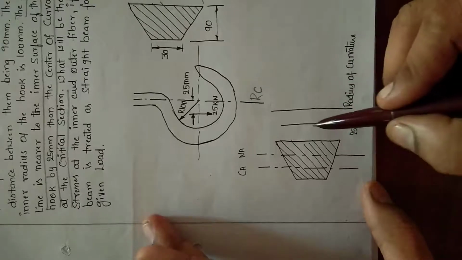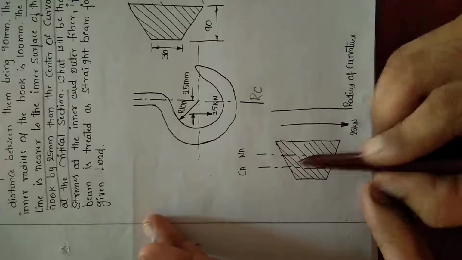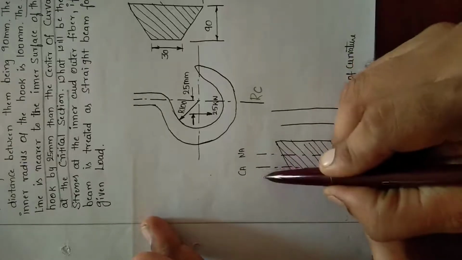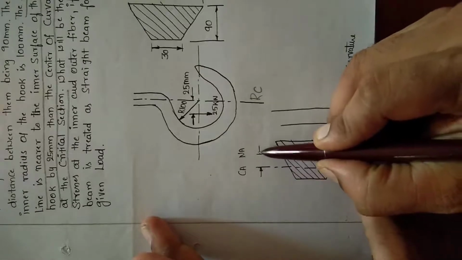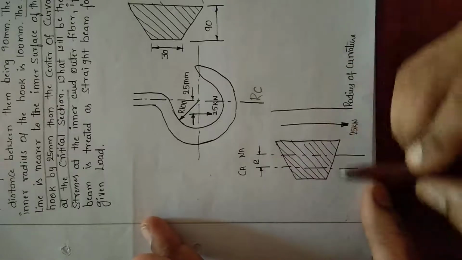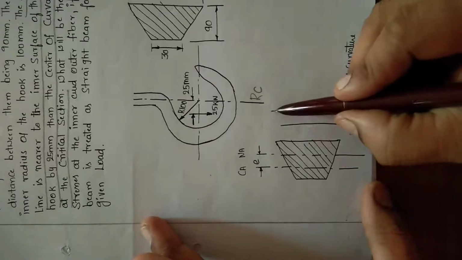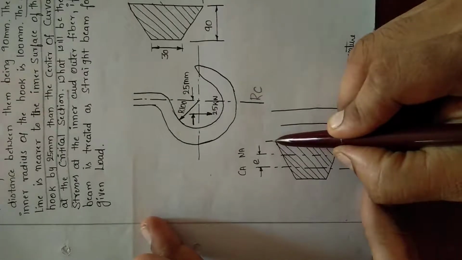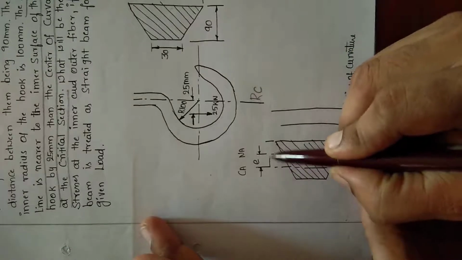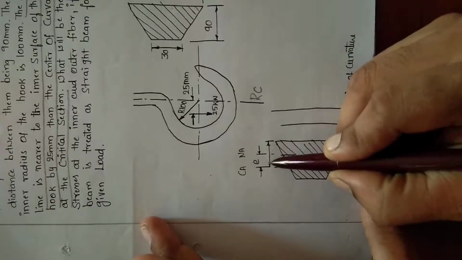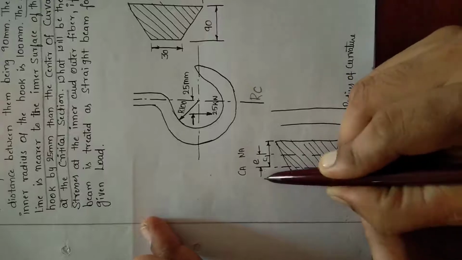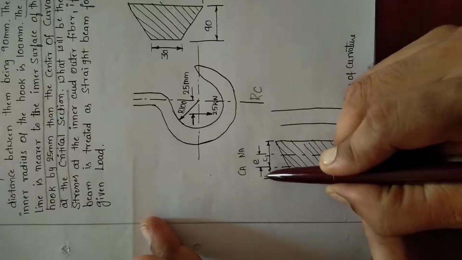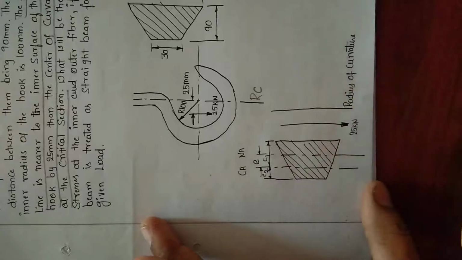Now let us specify all the notations. The distance between the centroidal and neutral axis is e. The distance from the inner fiber to the centroidal axis is c1. The distance from the outer fiber to the centroidal axis is c2.